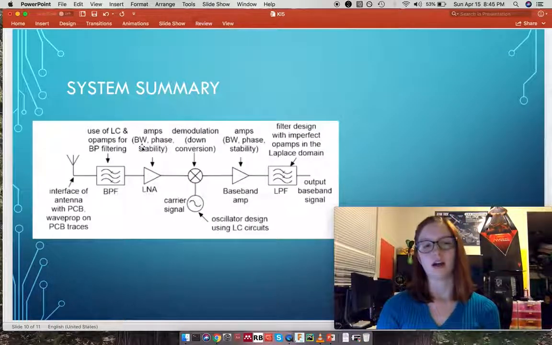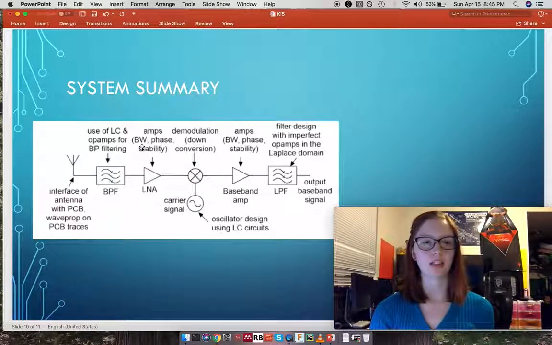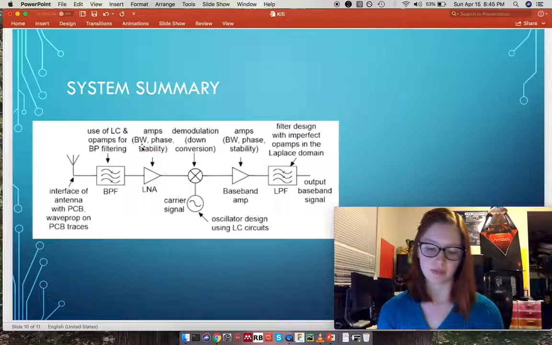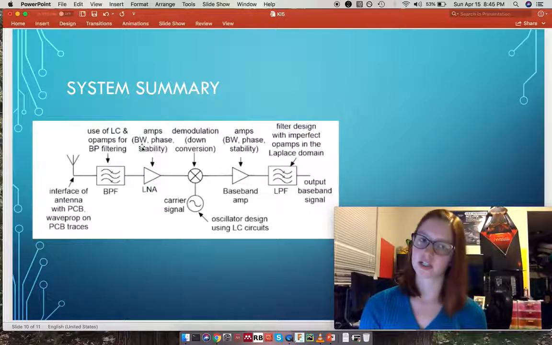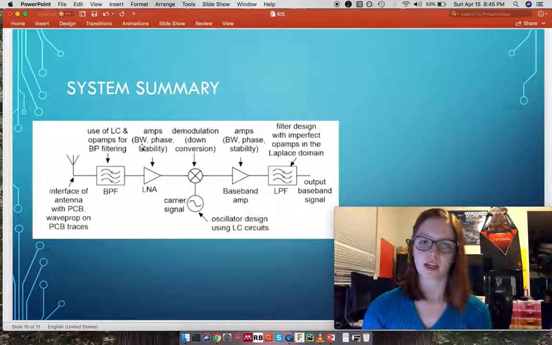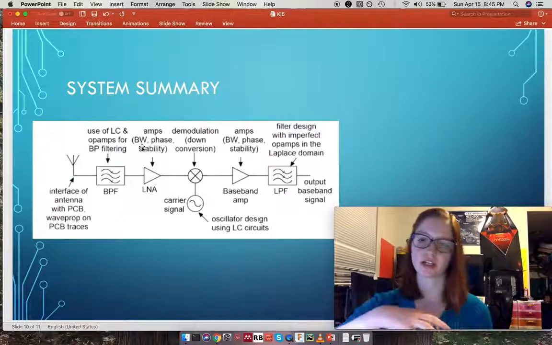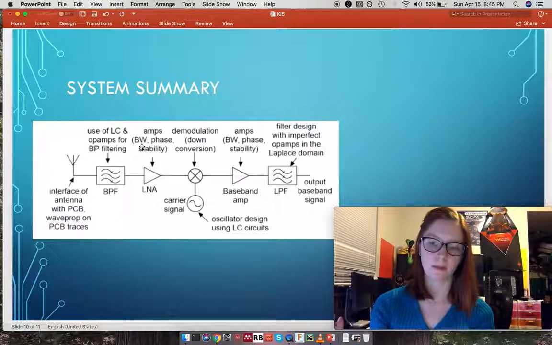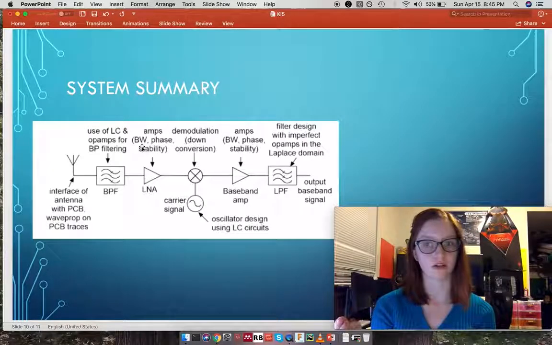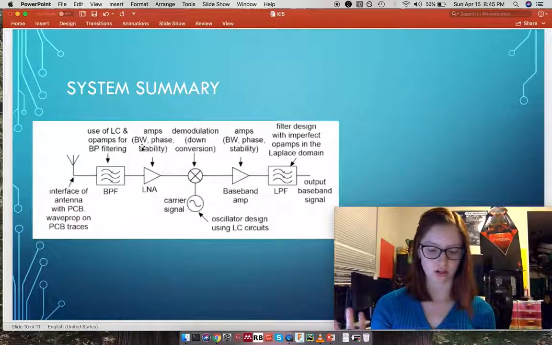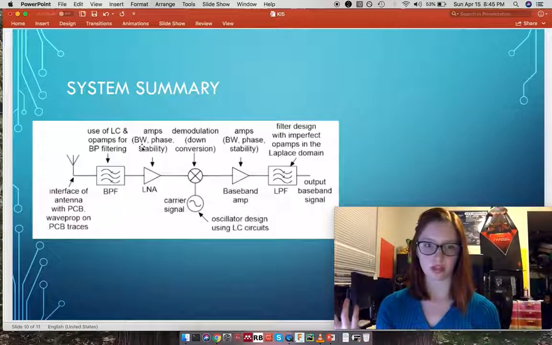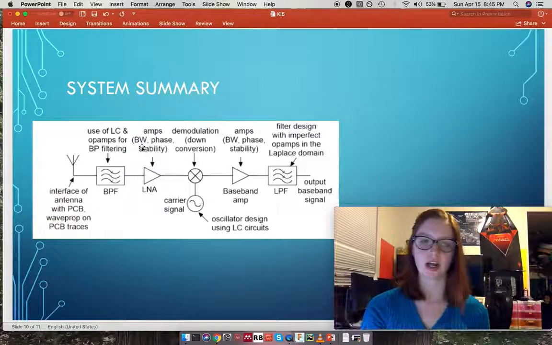And looking on, we see that after the bandpass filter, we have a low noise amplifier, and this amplifies the signal from the bandpass filter. Then we're going to do some demodulation here, because we're taking a signal and trying to demodulate it into the original signal. We use this mixer right here.